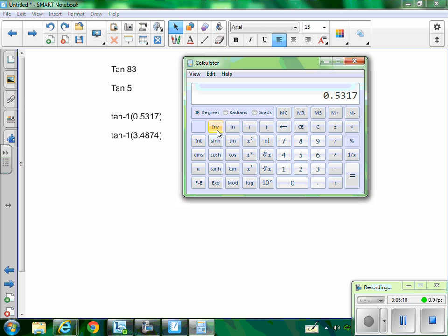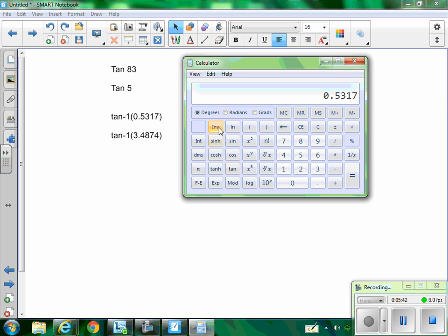Now, my inverse button on the computer says INV for inverse. Yours may say second function. It may say 2NDF. It may have a shift. So you're looking for a button that will allow you to take the inverse of tangent.